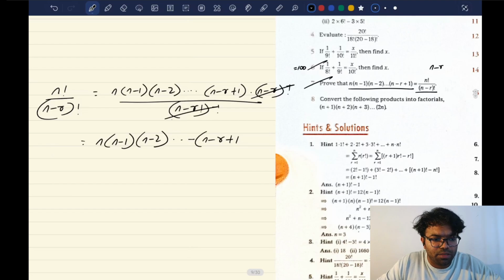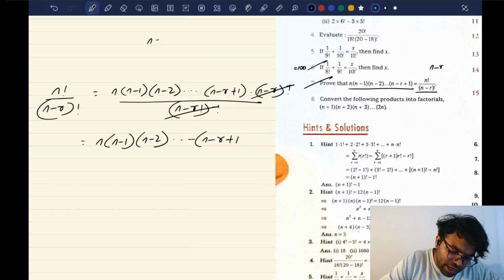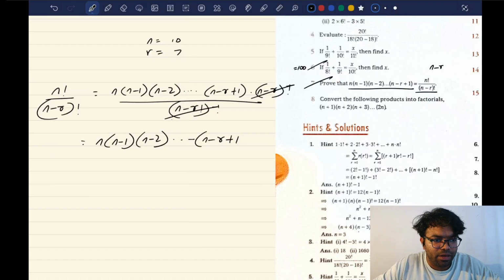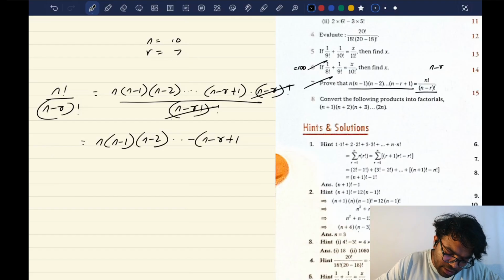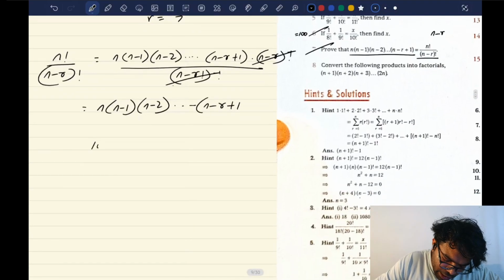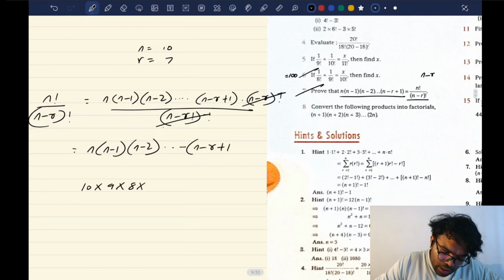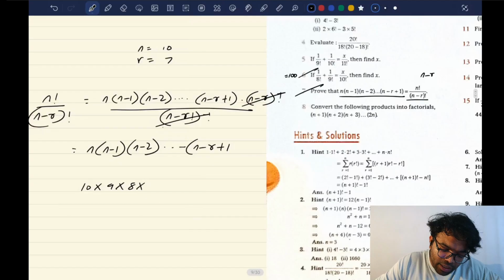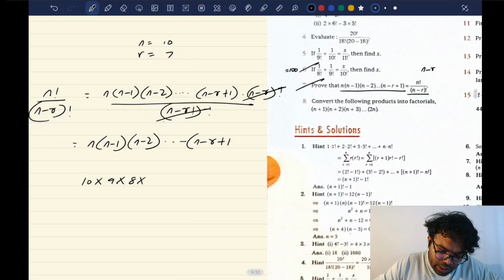So in these type of questions, Drupad, if you want to do it as fast as possible, just take the value of n as 10 and r as 7, any random number, so that it becomes easy for you. So basically, look at this. You will have 10 into 9 into 8. n minus r, 10 minus 7 is what? 3, right?